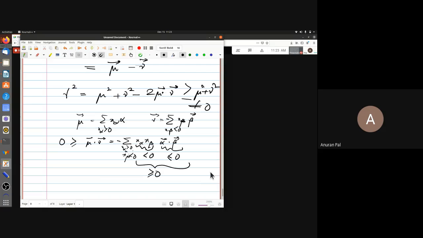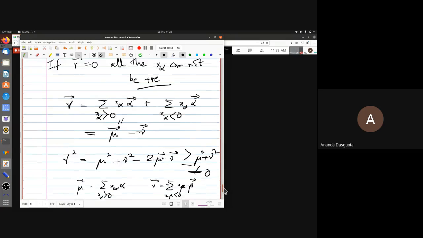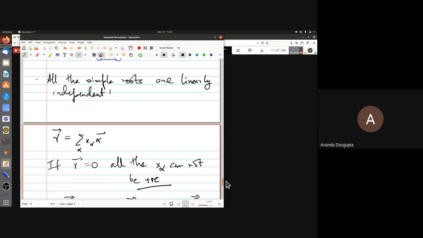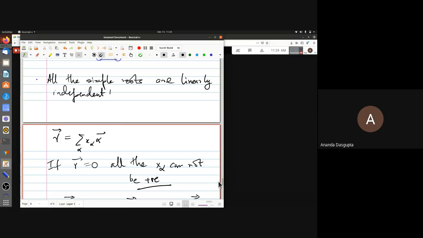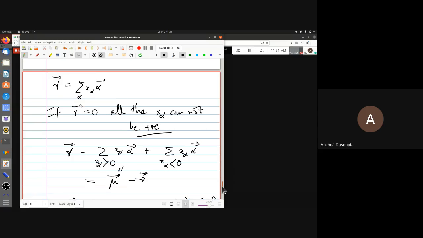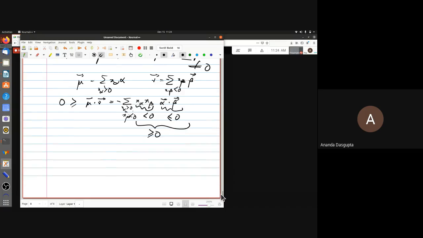Yes, sir. Okay, so that means it's impossible to find a linear combination of the alphas which gives you 0. Sorry, of course, that's not really true. You can always find a linear combination of alphas which will give you 0, but that combination will have to have 0 coefficients only. All coefficients cannot be positive.